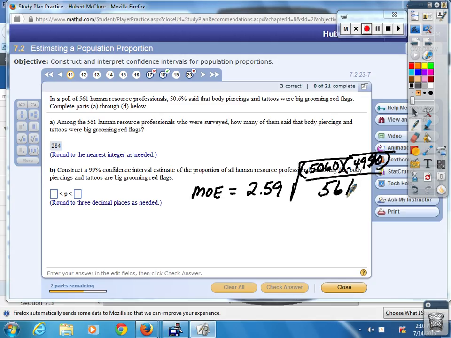All right, somebody do that and give me 4 decimal places.